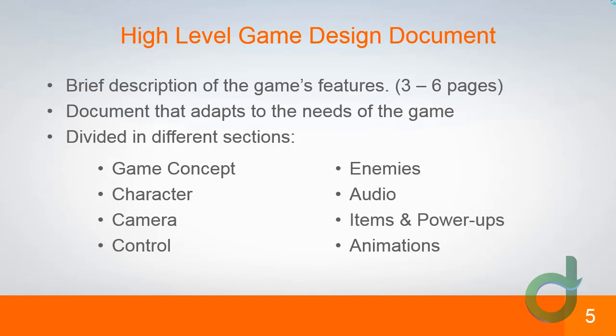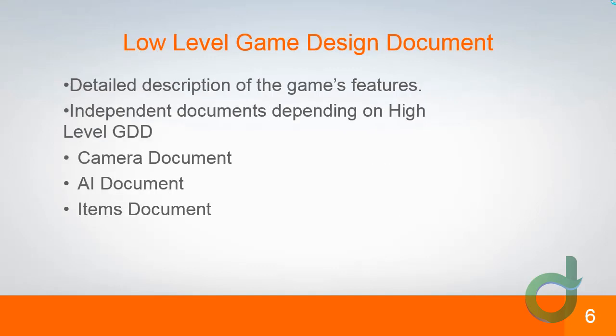So low-level design is a more detailed description of the game's features. Generally, you have different, independent documents, depending on the high-level game design document. I mean, if you really need to explain in detail your camera, let's imagine a game like God of War, which has a really complex camera on rails, but it has different situations, and you really have to describe how the camera behaves in those different situations.